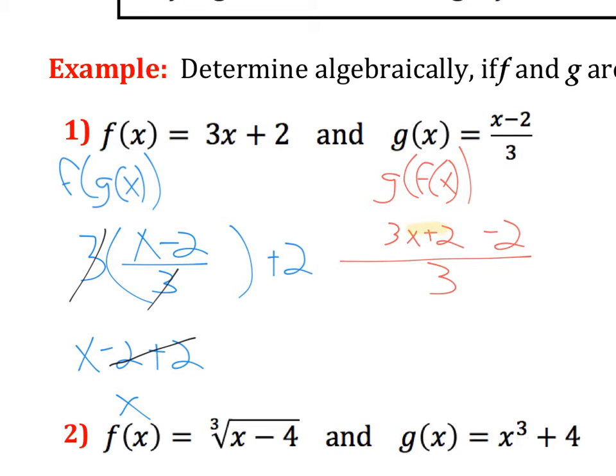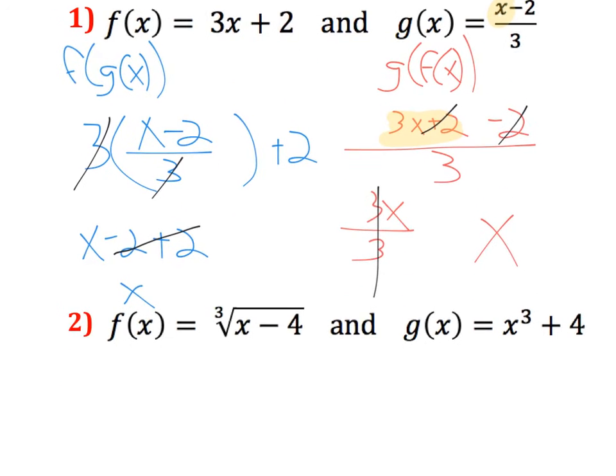This chunk right here is just replacing the x. Plus 2 minus 2 cancel each other out, so now I'm just left with 3x over 3. The 3's knock each other out, and I'm just left with x. So example 1, those are in fact inverses of one another. Yay.